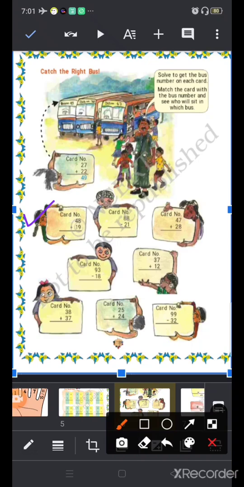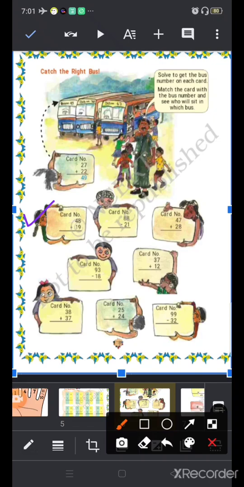What number is given here? 48 and 19. We'll add 48 and 19. First we'll add ones place and then we'll add tens place. What number is given in the place of ones? 8 and 9. So 8 plus 9 is equal to, 9 is the bigger number, so after 9 we'll start counting, and we'll count how many more? 8 more.